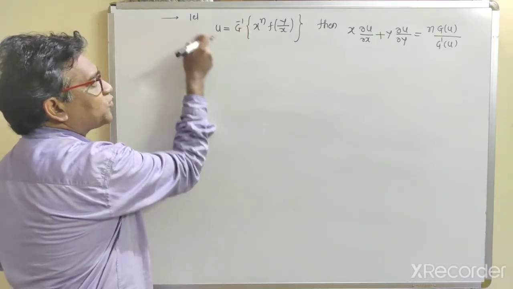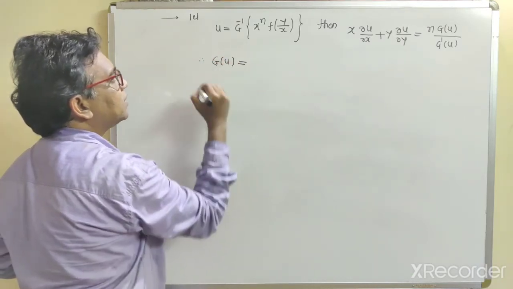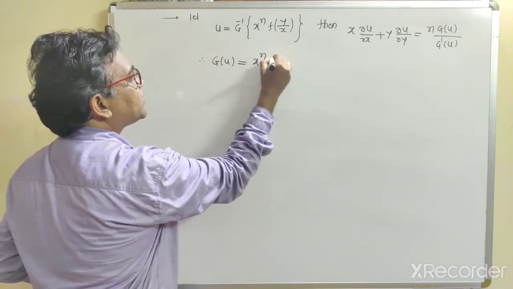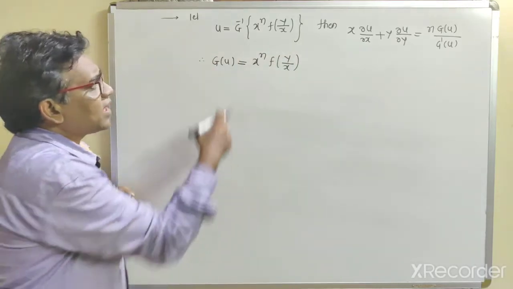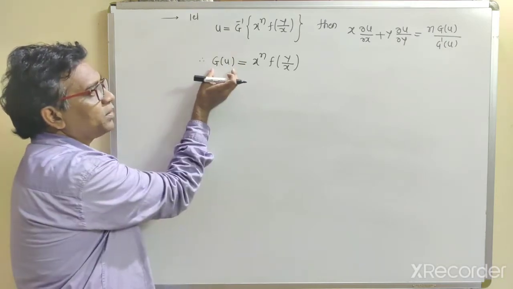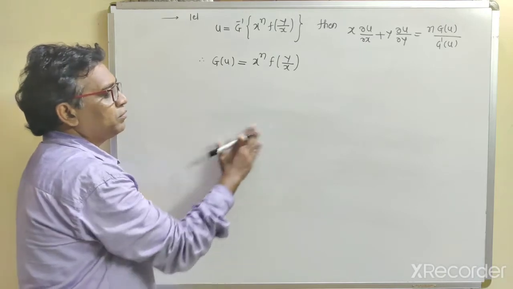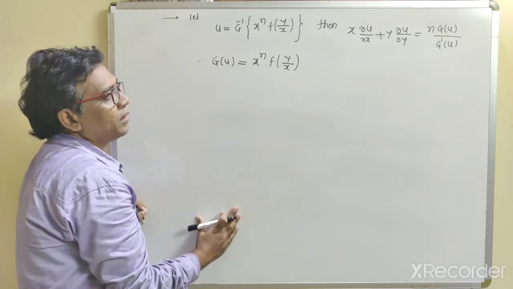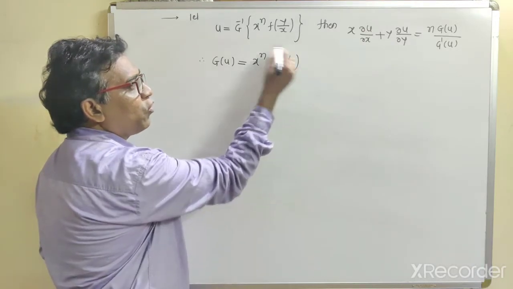Now if we transform this inverse term to the left-hand side, it becomes g of u is equal to x raised to n into a function of y by x. This is nothing but the definition of a homogeneous function.